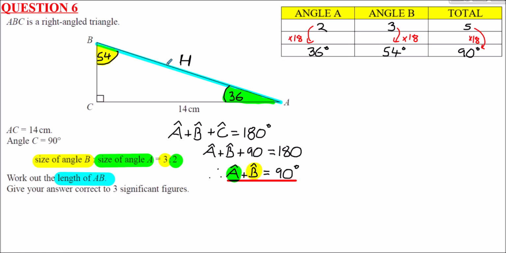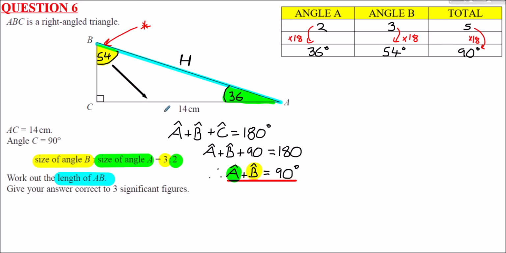So it's just a case now of what angle do you want to pick. You can use whichever angle you want to use, really. So I'm going to go for 54 degrees. Okay, so my angle I'm going to pick is 54 degrees. So if I was picking 54 degrees, then relative to the angle I've picked, the side opposite to that angle is 14.